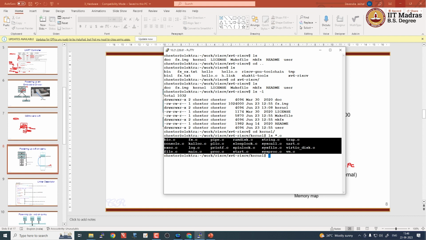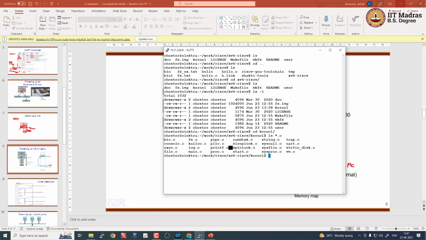It has various files, and we will see many of these files through the course, like memory management, which is in vm.c. Like fs.c deals with the file system, exec.c deals with executing programs, and so on.